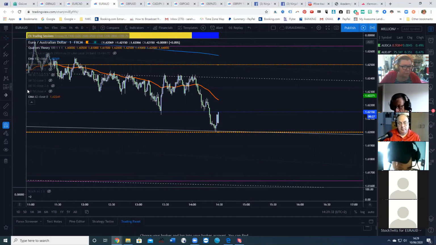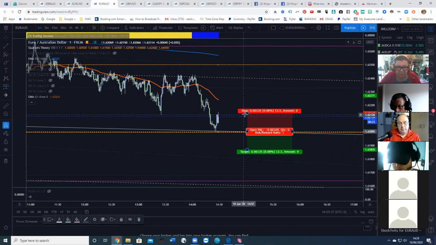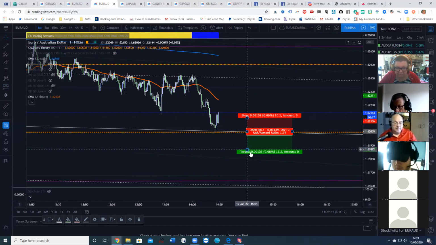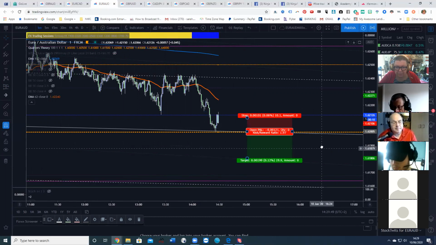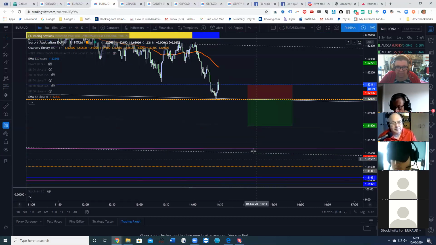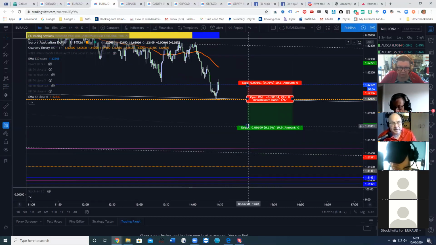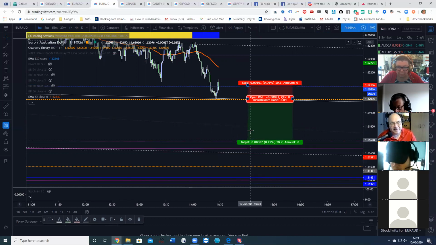So what we could do is put our position on there. And then if it carries on dropping, it's going to come down to this level. So it could drop another 35 pips.